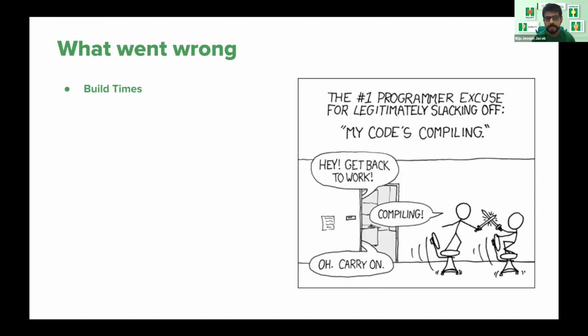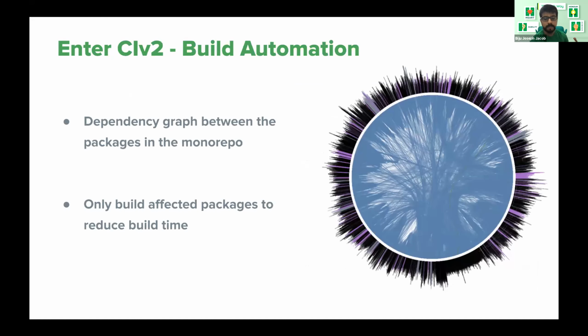How did we solve for the build times problem? We've got this system called CIV2, which enables us to be smarter with the way we go about our builds. CIV2 basically draws out a dependency graph between every single package that lives in the monorepository and tries to map out which packages depend on the other.